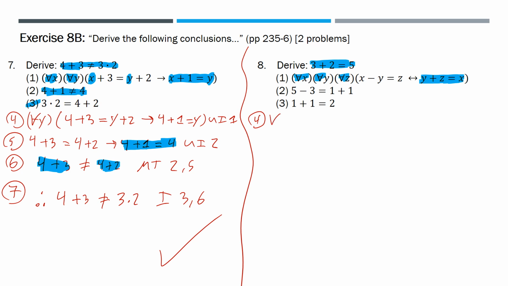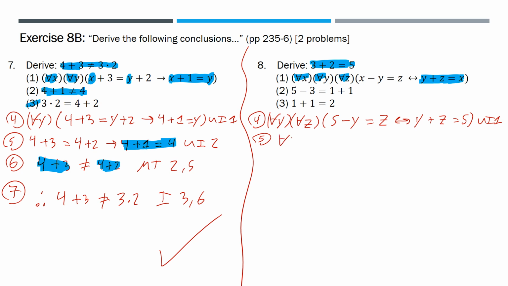So for all y, for all z, 5 minus y equals z, if and only if y plus z equals 5 by the universal instantiation line 1. And now we can work on our next variable, y.